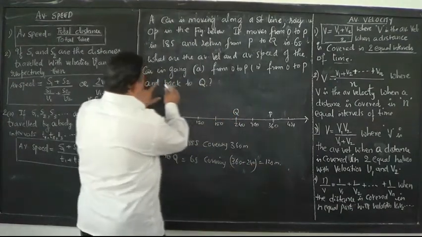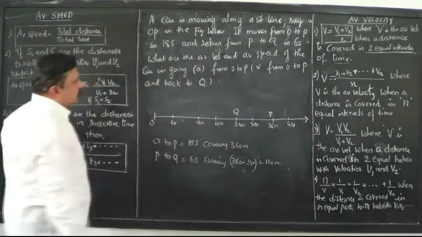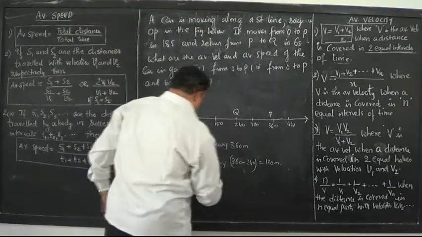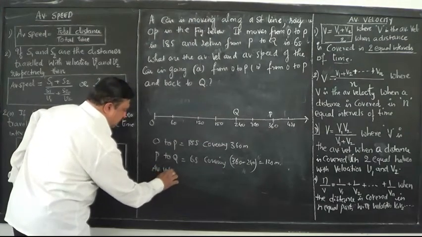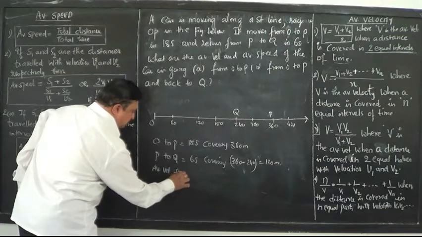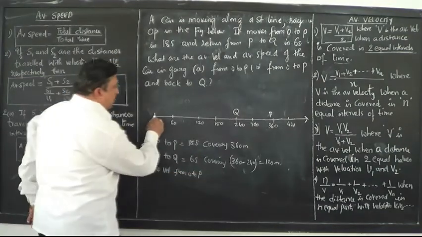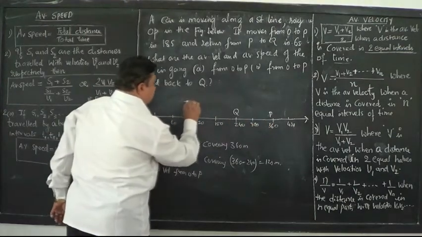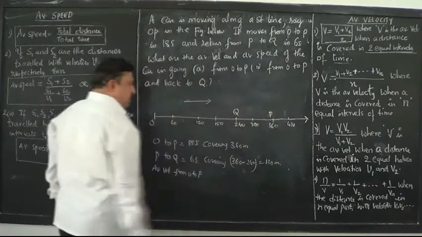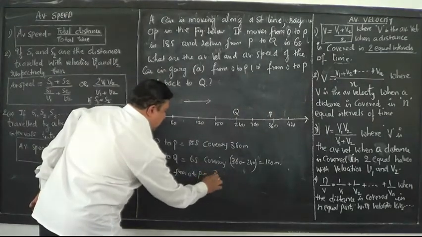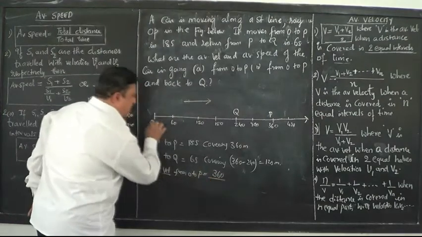Now if you want to find the average velocity and average speed from O to P, let me first tell you about average velocity. The motion from O to P is happening with a definite sense of direction from O to P, so it is displacement. And you know that velocity is displacement over time.